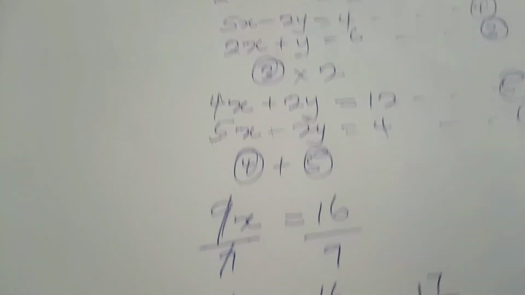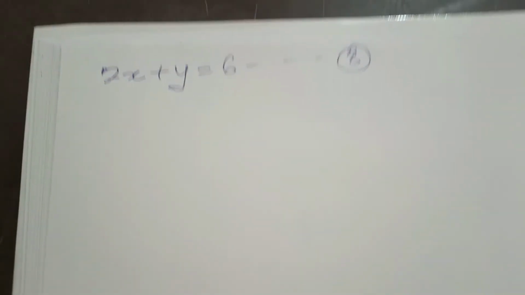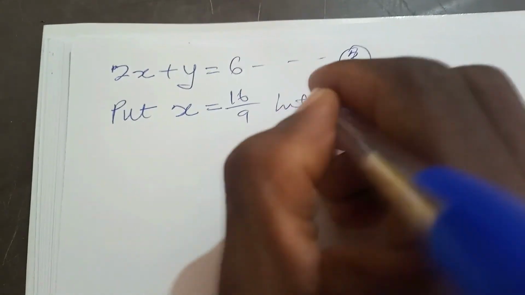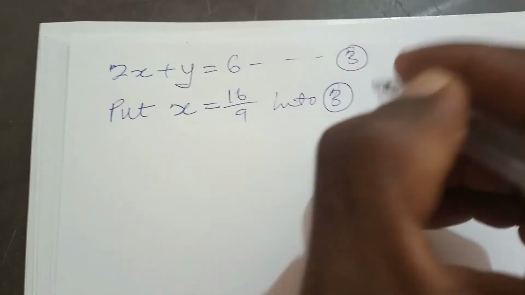That is our x. Let us substitute that into any of the equations. So I'll substitute it into equation 3. We are saying that we should put x equals 16 over 9 into equation 3.